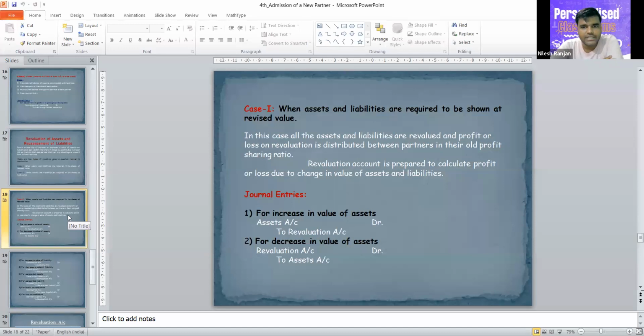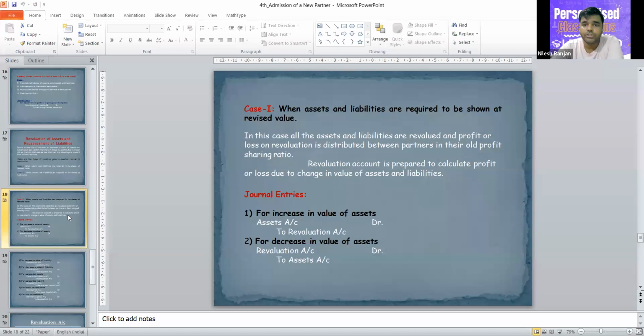Okay. So when assets and liabilities are required to be shown at revised value, means we are distributing the profit or loss on revaluation in present. So in this case, all the assets and liabilities are revalued and profit or loss on revaluation is distributed between partners in their old profit sharing ratio. So in case one, when we have to distribute the profit or loss, we have to close the revaluation account.